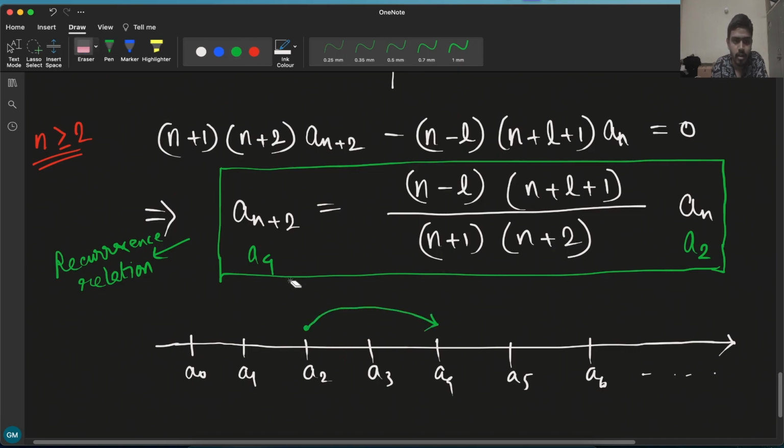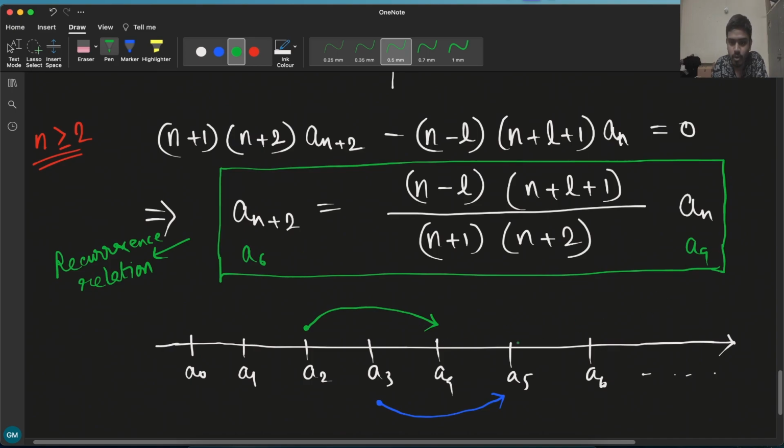Now if I write n equals to 3, then this is a3 and this is a5. So it basically says that if I know a3, then it will give me a5. Similarly, if I write n equals to 4, then this is a4 and this is a6.